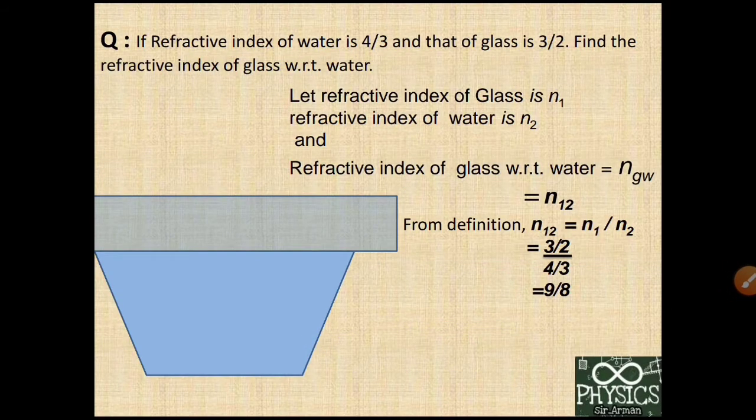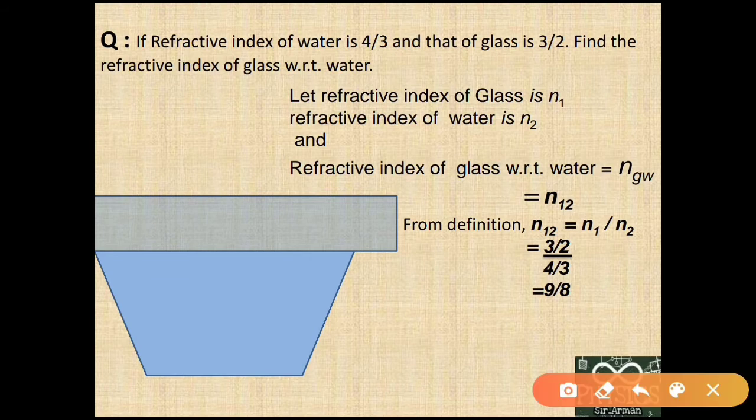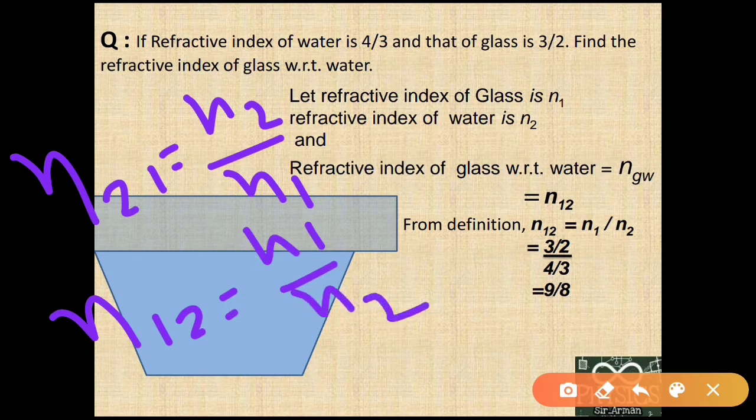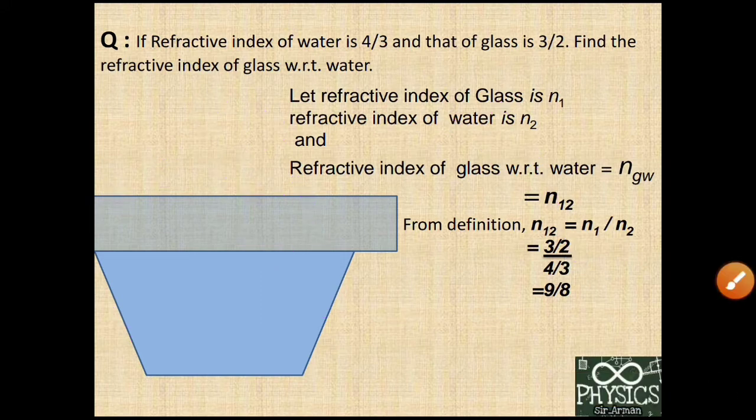So first we will try to understand the relative refractive index in terms of the ratio of the refractive indices. That is what we have obtained, eta 2 1 is equal to eta 2 by eta 1. So let us try to understand this in terms of these refractive indices, or we can also write eta 2 1 is equal to eta 1 by 2. Okay, it is not n or h, it is eta, like this. Okay, so let us try to understand this.